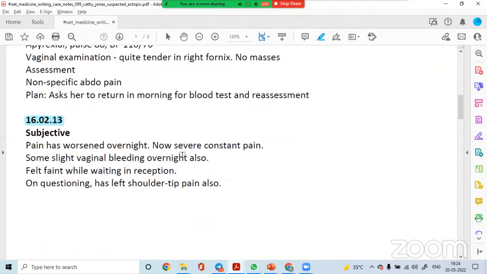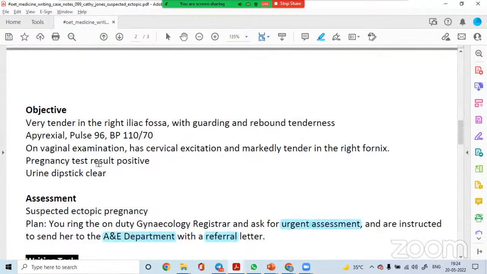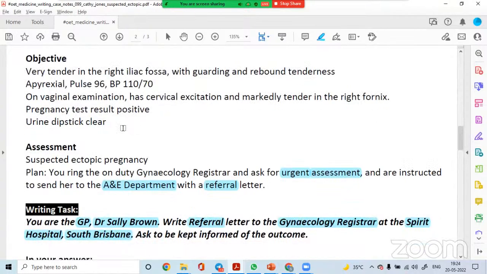Today pain has worsened overnight. Now severe constant pains, bleeding overnight. Also felt pain, and questioning is shoulder tip pain. Also objective is this one. On vaginal examination, pregnancy test positive, urine dipstick clear, assessment suspected ectopic pregnancy, and instructed to send her. Okay, urgent assessment and appropriate management. Okay, fine. We can say like that.